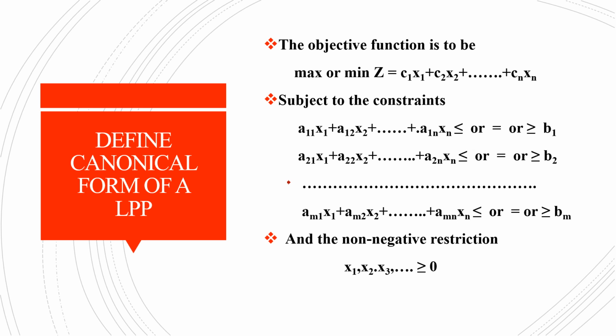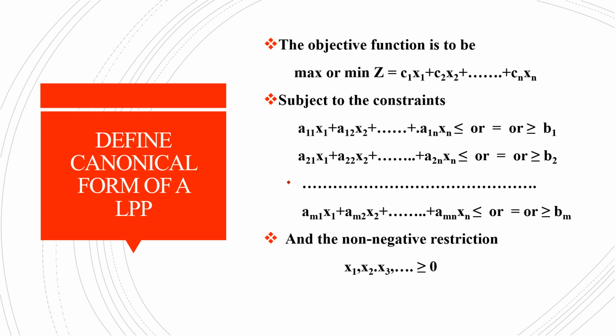Similarly, a21 x1 plus a22 x2 plus up to a2n xn less than or equal to, or greater than or equal to, b2, etc., up to the mth term: am1 x1 plus am2 x2 plus up to amn xn less than or equal to, or greater than or equal to, bm.